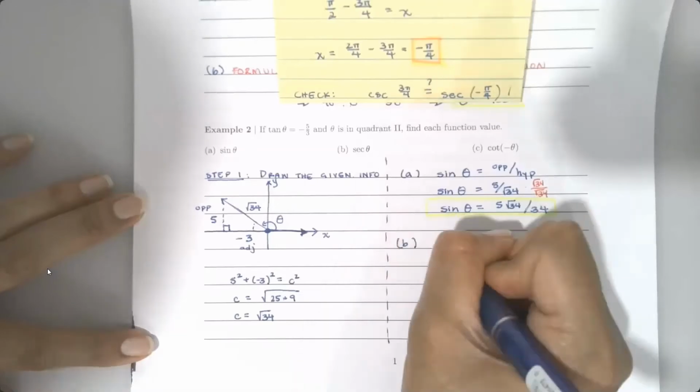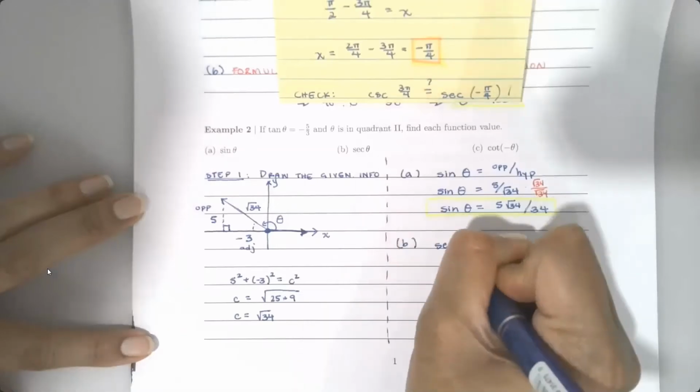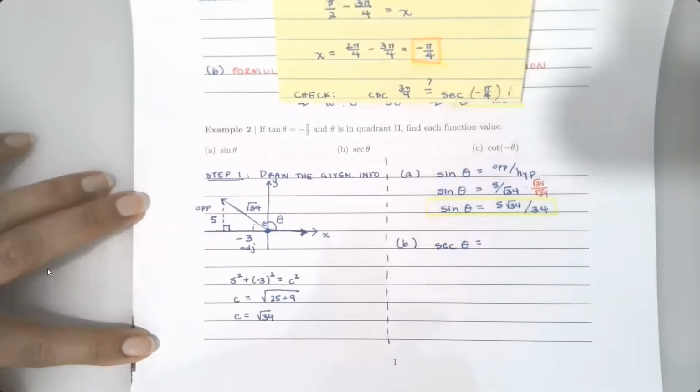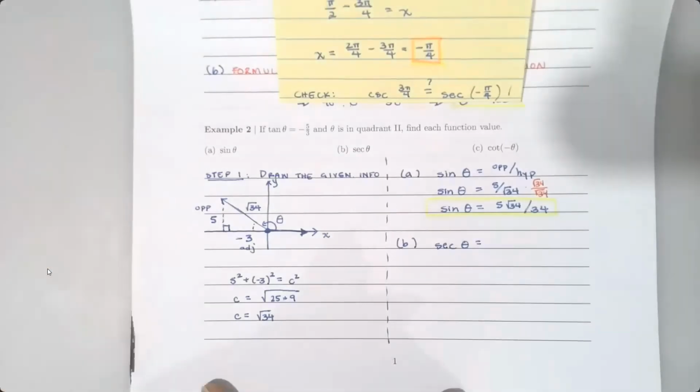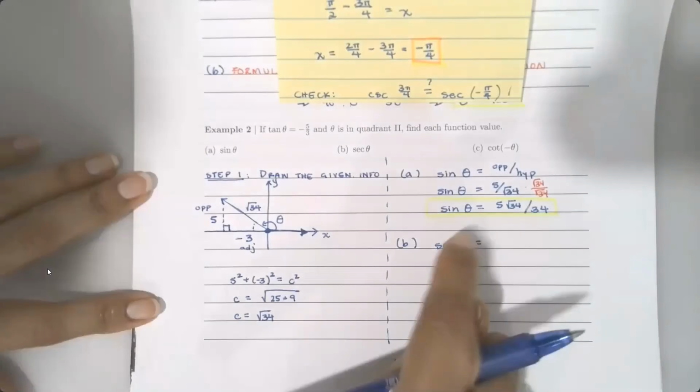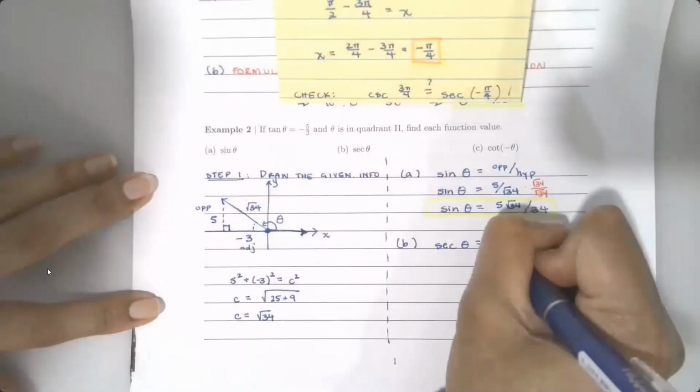Okay, for B, they're asking us for what is secant of angle theta. Remember that secant is the reciprocal of cosine. And cosine is always adjacent over hypotenuse. So that means that secant has to be hypotenuse over adjacent.